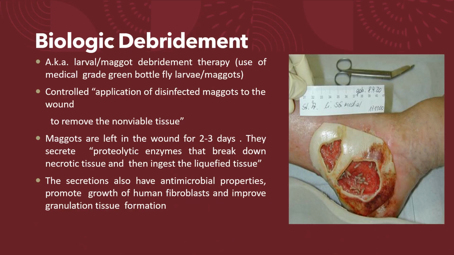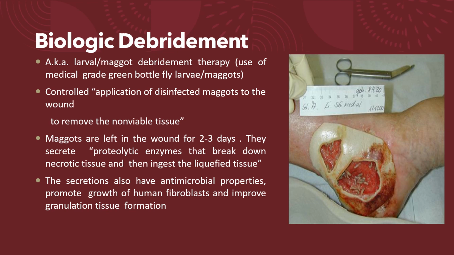There is a biological process, the use of larvae. We can use maggot larval debridement therapy, using medical-grade green bottle fly larvae, applied after disinfection to the wound to remove non-viable tissues. We can leave the maggots for 2 to 3 days, and they secrete proteolytic enzymes, break down the necrotic tissue, and then ingest the liquefied tissue.